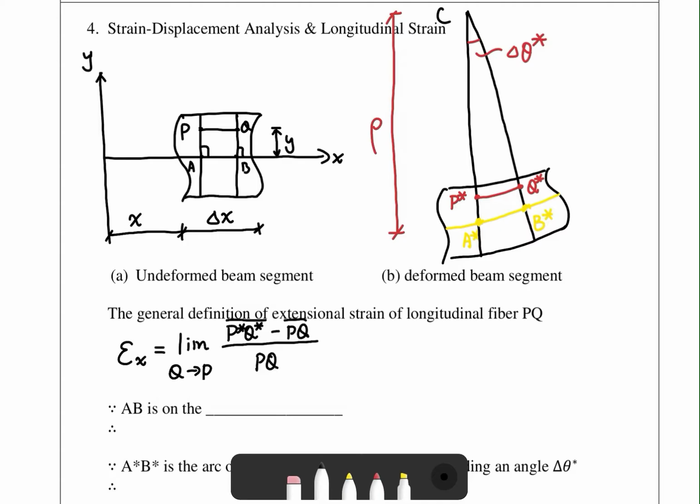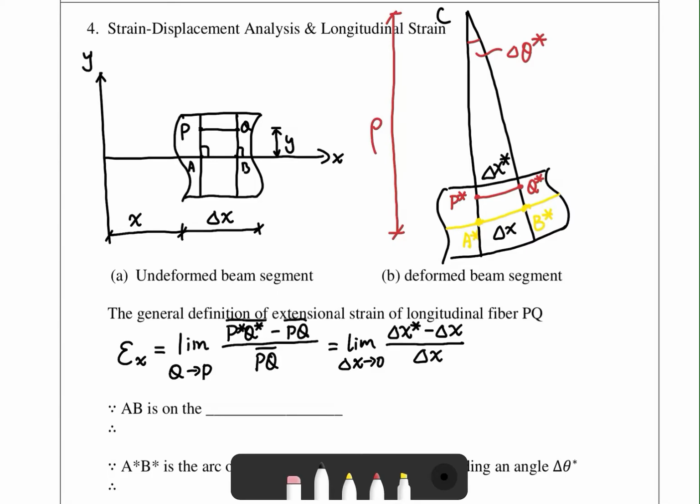That's by the definition of the normal strain. As the differential length approaches 0, we have delta x star minus delta x, over the original length delta x here. So this is delta x, and this is delta x star here.